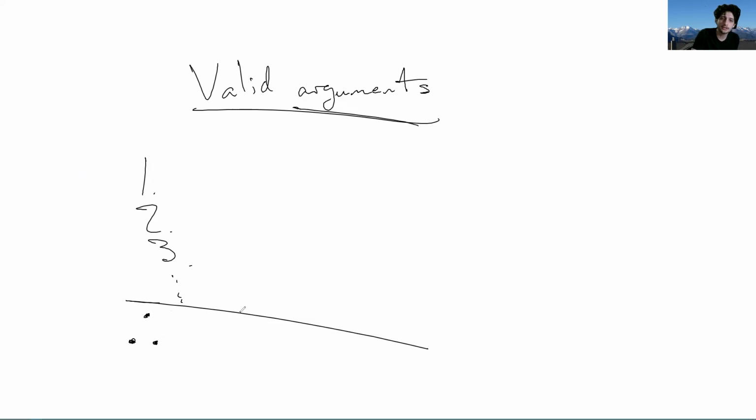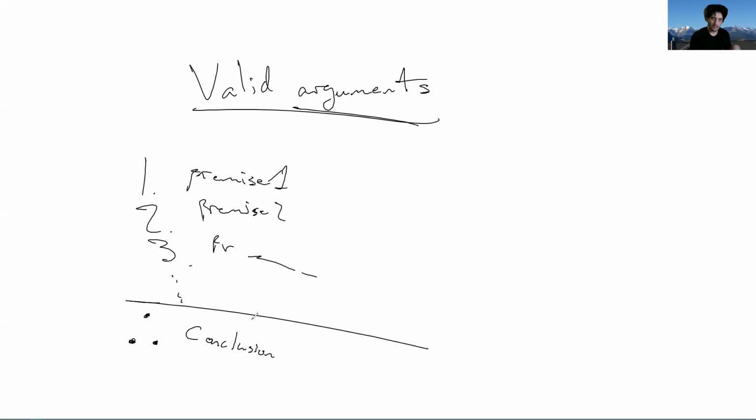So we have a conclusion down here, and we have premise one, premise two, and you get the idea. And so a valid argument, I'll go ahead and write this up here.